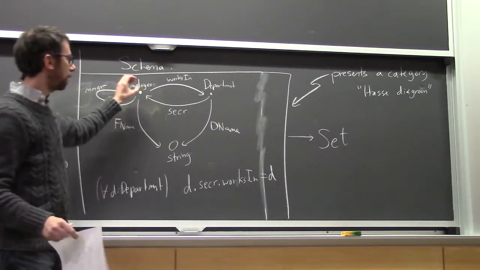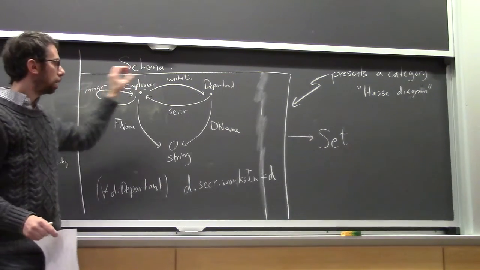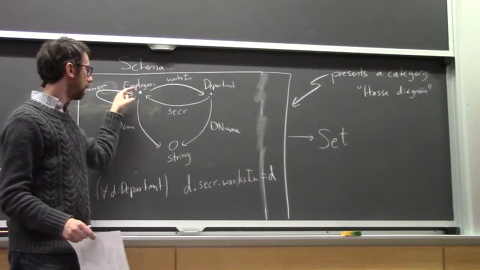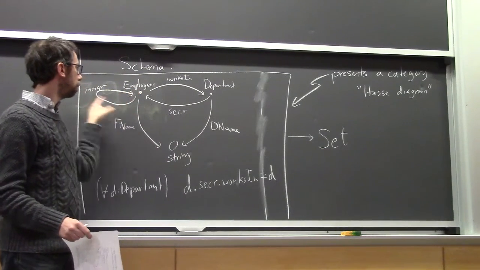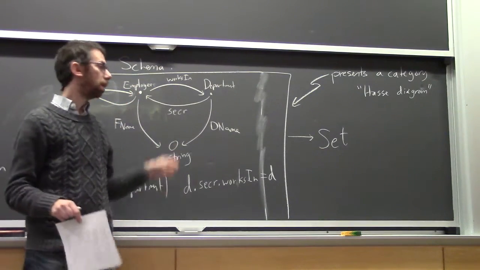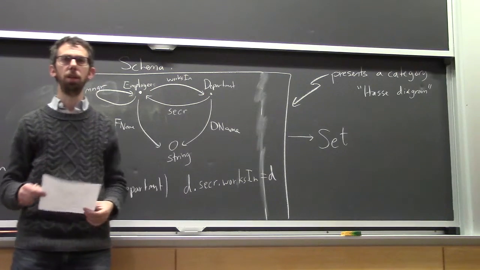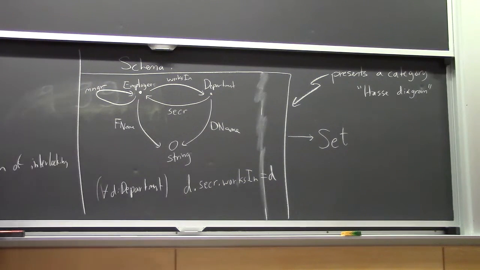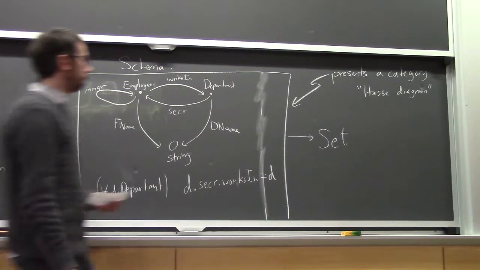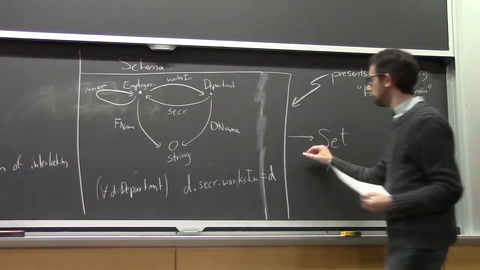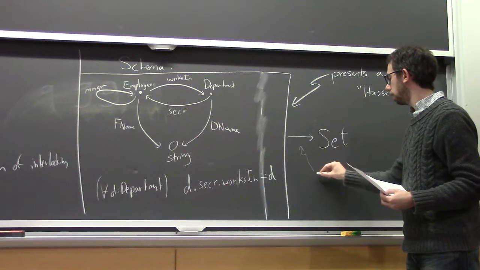But what this will do is assign a set of employees, a set of departments, a set of strings, and a function called manager that takes every employee to an employee, a function called works in that takes every employee to a department, etc. And so a functor from there to set will exactly give me some instance of this database schema. So this guy there is an instance.